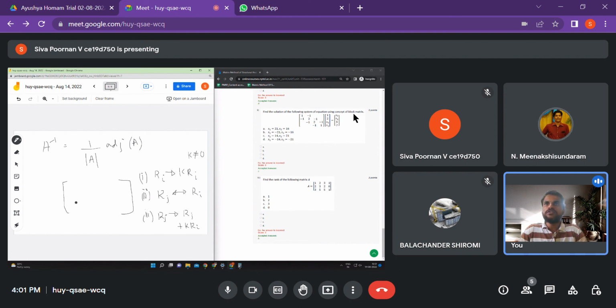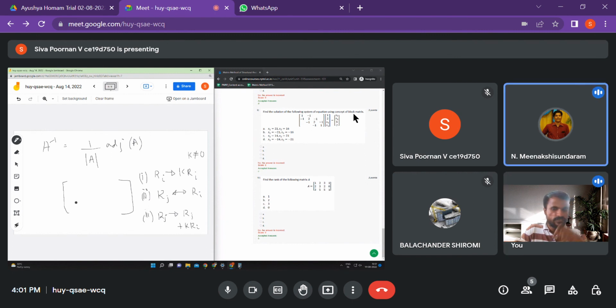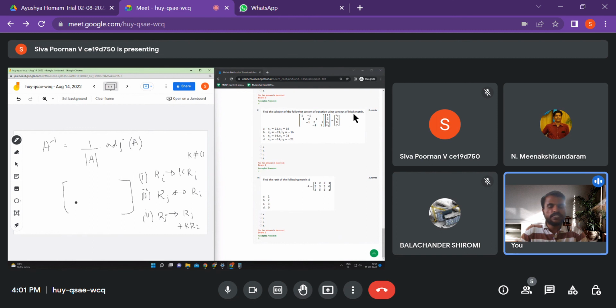So what it basically means is that the number of independent rows or columns in the matrix is the indication of rank. If the rank is not full, let's say the rank is only 2, that means there are only two independent rows or columns in the matrix.